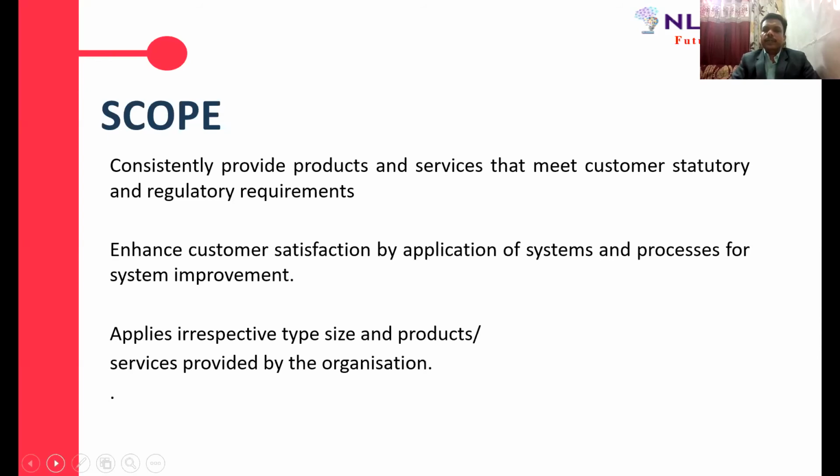Only then the organization can consistently provide products and services which meet all these requirements. And the next point which the scope defines is that you have to enhance customer satisfaction by application of systems and processes and continually improve the quality management system.